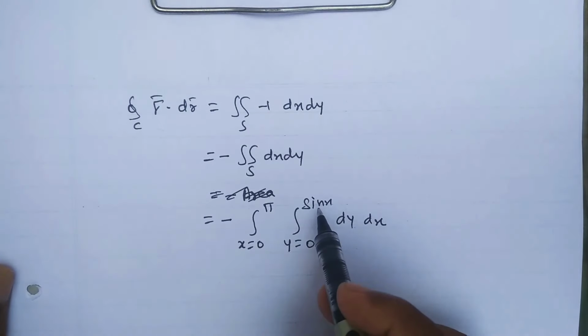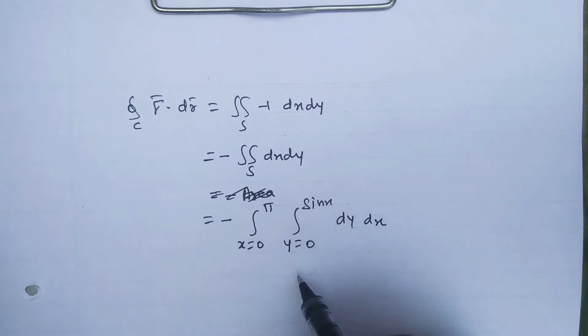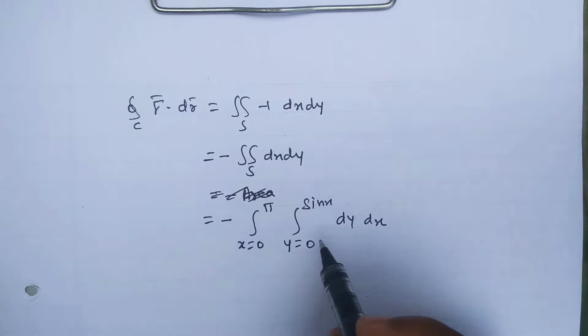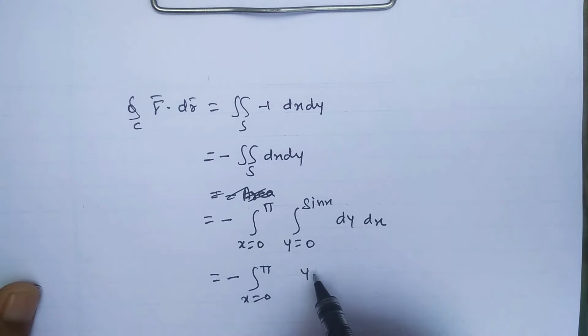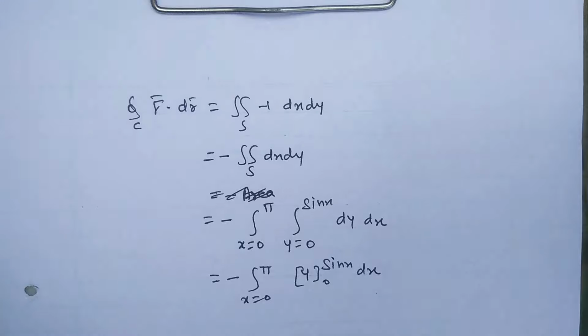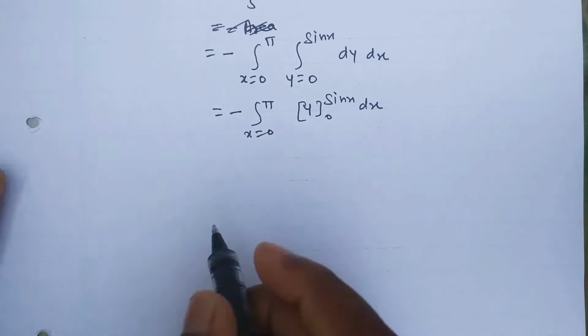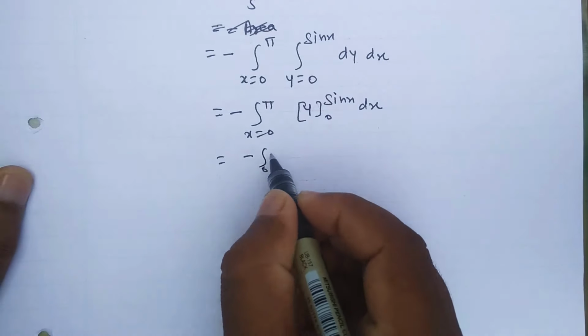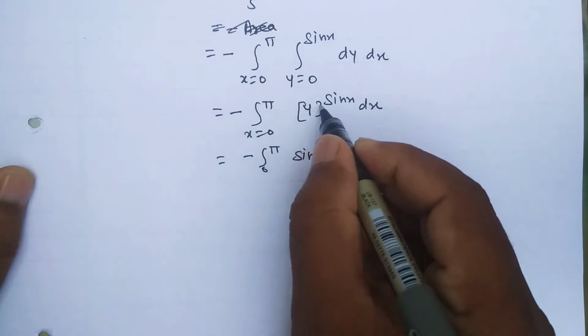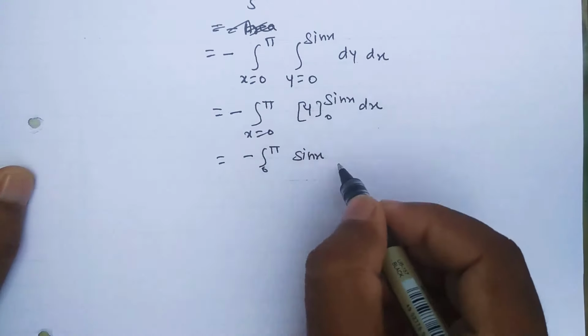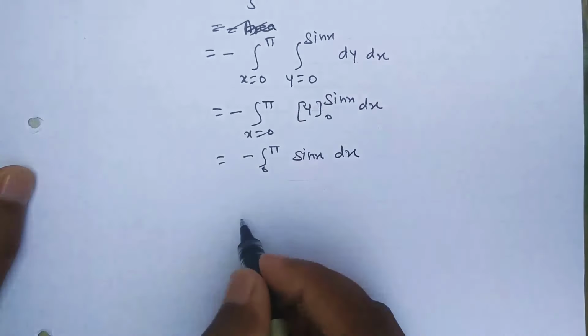Since the limits of y are in terms of x, first we have to evaluate this integration with respect to y. So this is equal to minus times the integral over x as it is, integration of dy is y with limit 0 to sin x, dx. Now this is equal to minus integral from 0 to pi, upper limit is sin x, lower limit is 0, the value of y is sin x, and when we put y equal to 0 it becomes 0, dx.